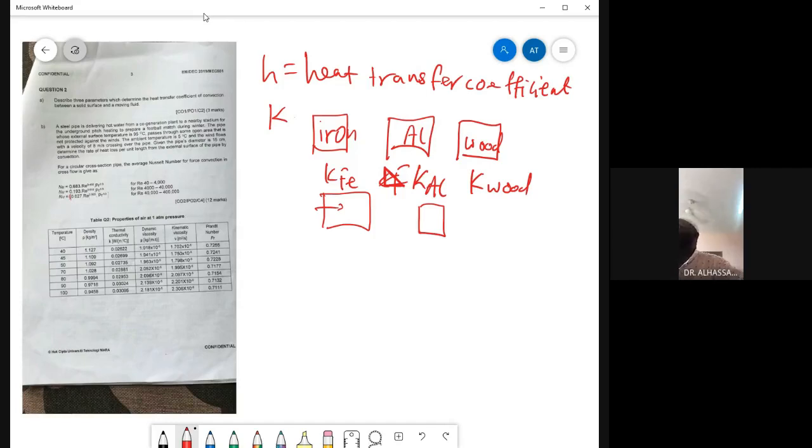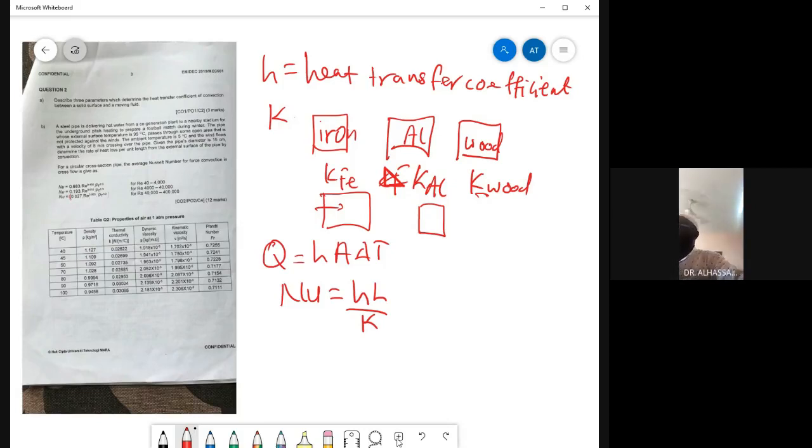So the thermal conductivity for wood is much, much lower than the thermal conductivity for metals. But h is not described in this way. h is a parameter governed by the convection heat transfer equation, q equals hA times delta T, and it is also a function of the Nusselt number, hL divided by k.